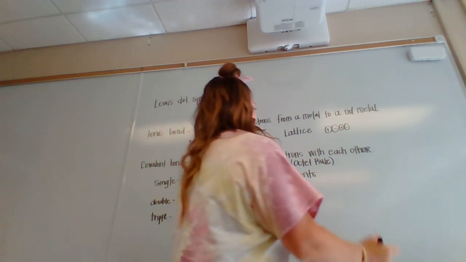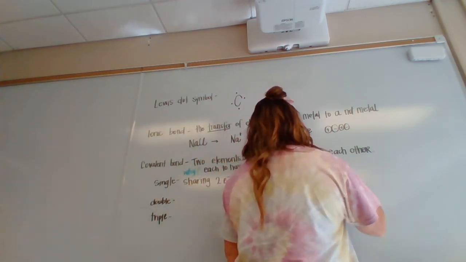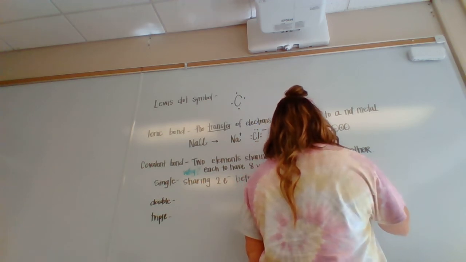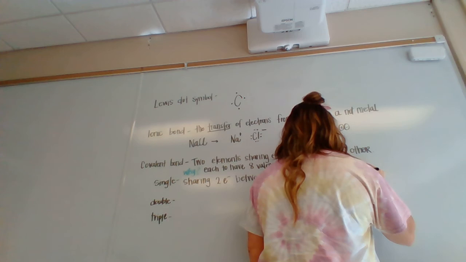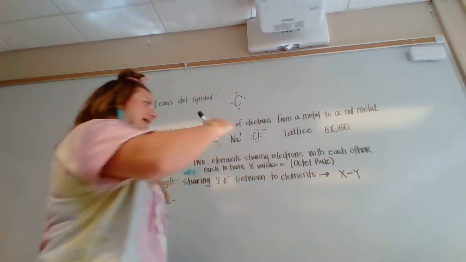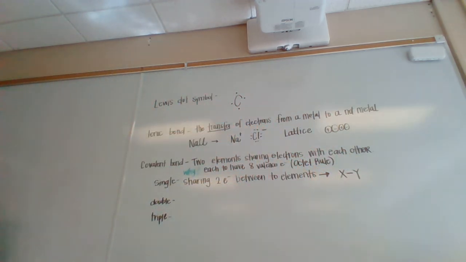The way I show a single bond, say I have element X bonded to element Y, I do one line that represents a single bond and 2 electrons.